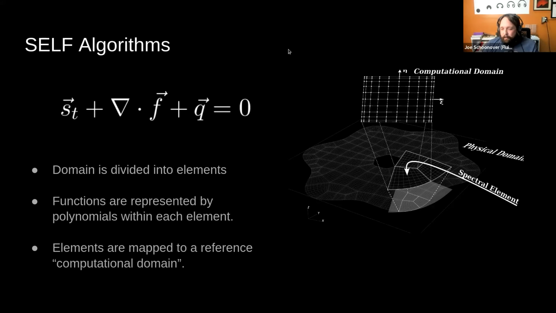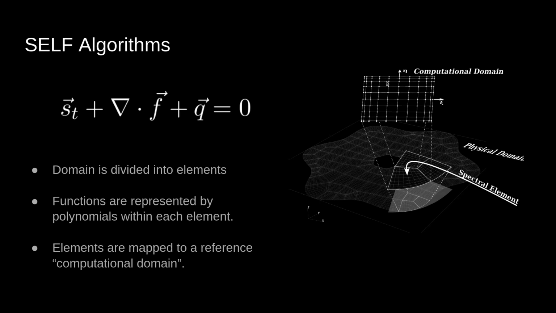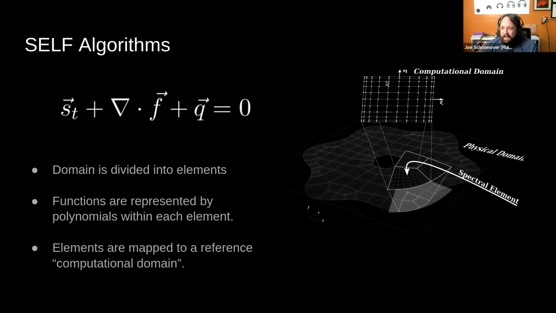Of course, at the end of the day, someone can choose to order memory however they want to, but in our case, what we typically do is in Fortran, the first few array dimensions are dedicated to representing the solution inside a particular element, and the outer array dimensions are indexing over elements.